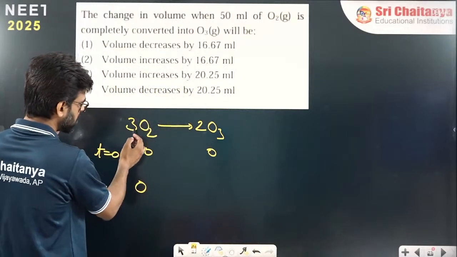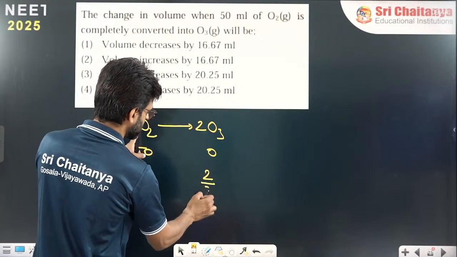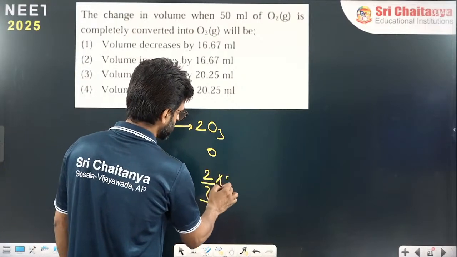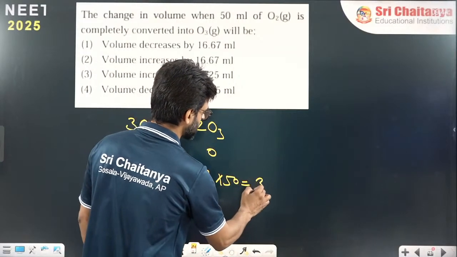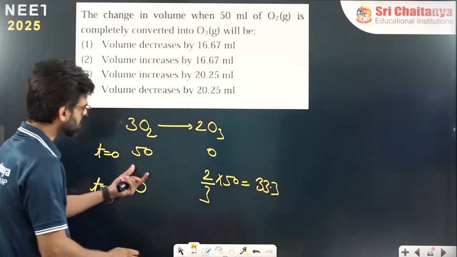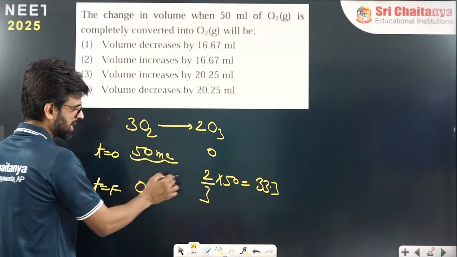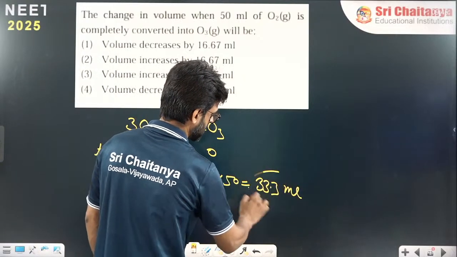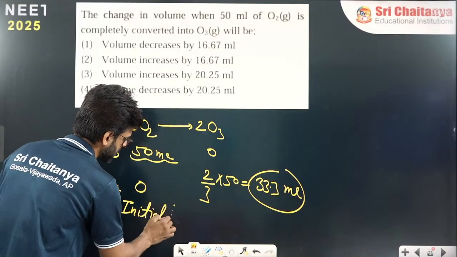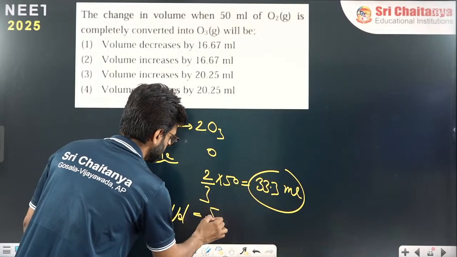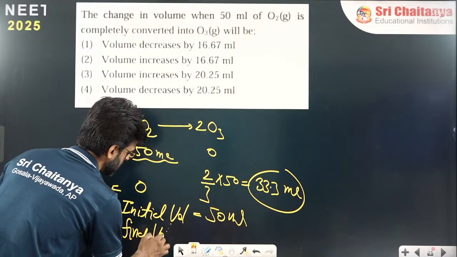Check. 3 moles make how many moles? 2 moles. So 1 will make how much? 2 by 3. So 50 will make how much? 2 by 3 into 50. So what's coming from here? 100 by 3. So how much coming? 33.3. If I say ml also, it was 50 ml here. 50 ml finishes and makes how much? 33 ml. So initial volume, if I say total initial volume was 50 ml, whereas final volume is how much?